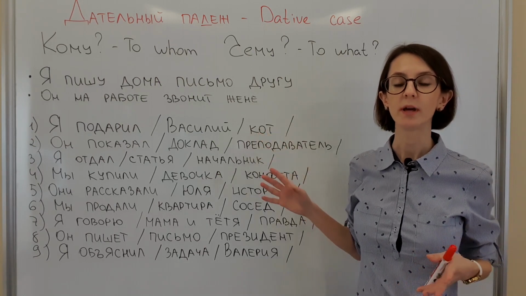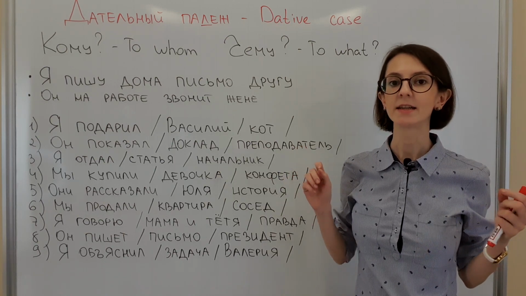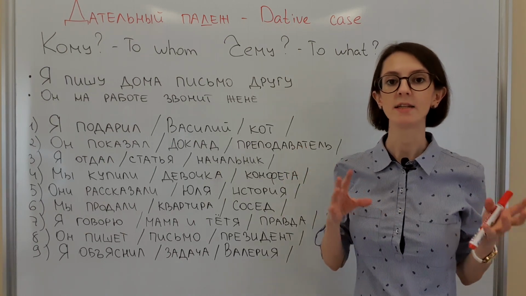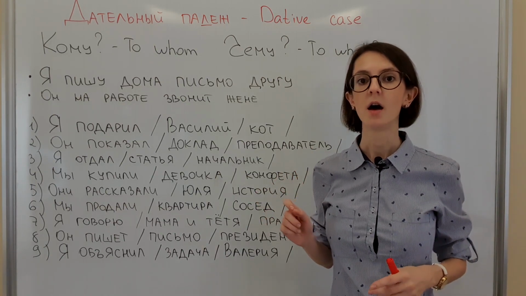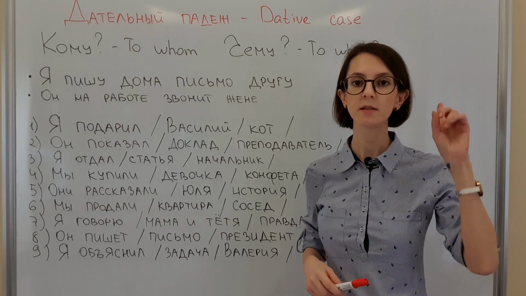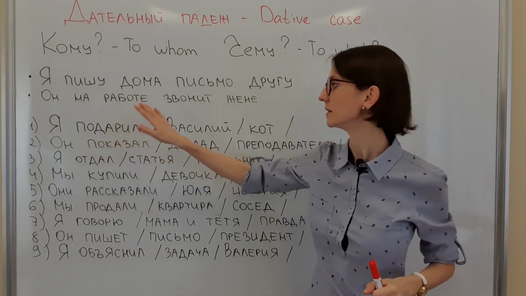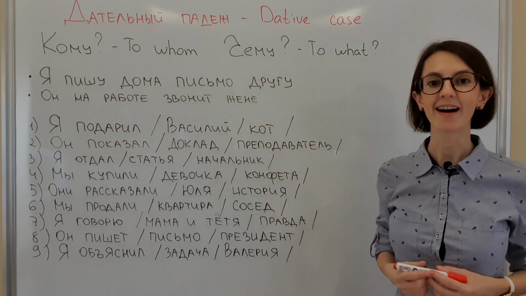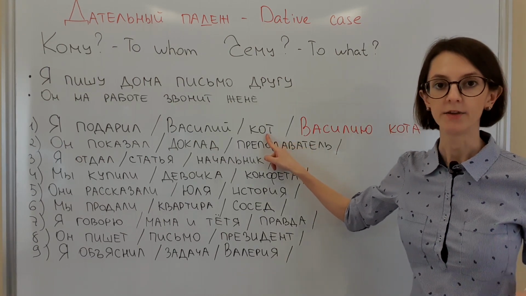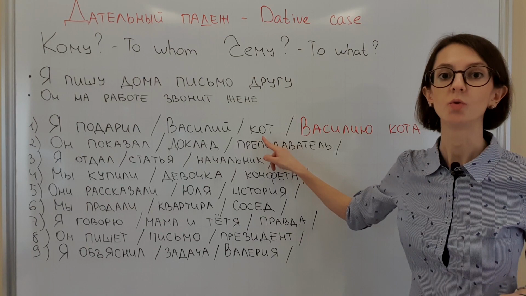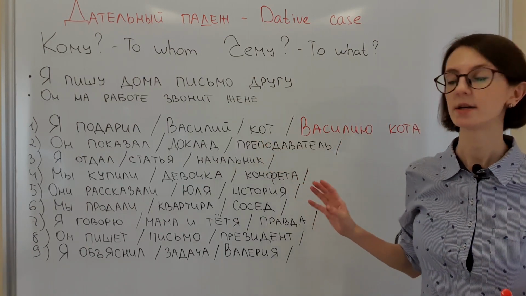Keep in mind when we are talking about accusative case that we decline living nouns and non-living nouns differently. If you don't know how to decline nouns in accusative case, check my video over here. So one more time. Я подарил Василию кота. Good. Кот is a living object, that's why we need to decline it. Otherwise, masculine non-living objects we don't decline.